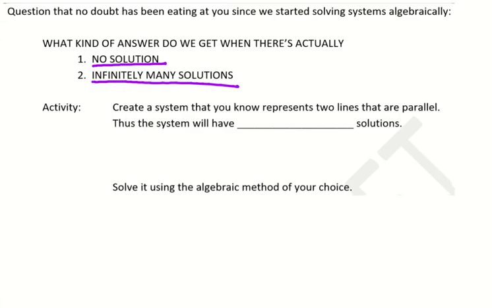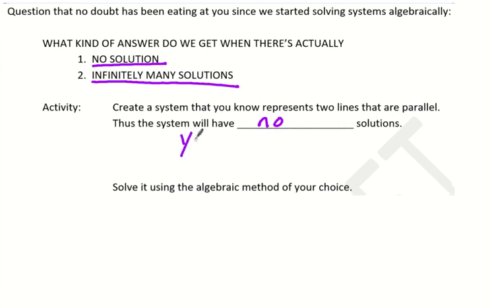So, activity: create a system that represents two lines that are parallel. When two lines end up being parallel, that system will have how many solutions? No solutions. So here we go.